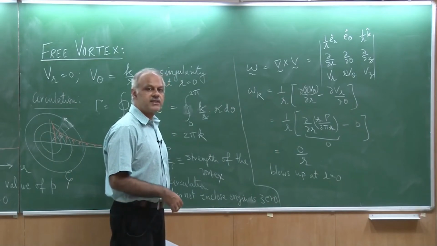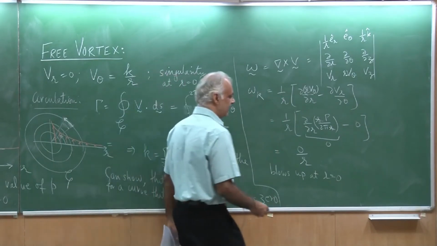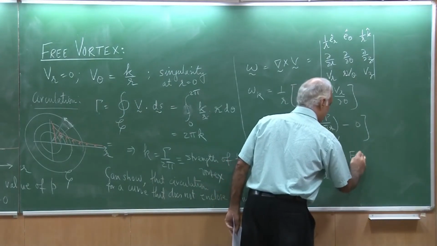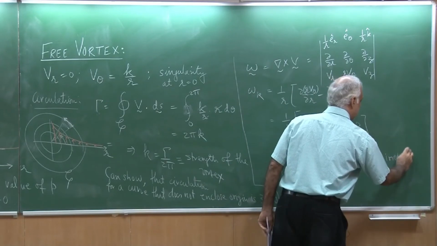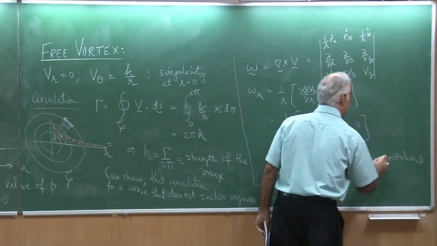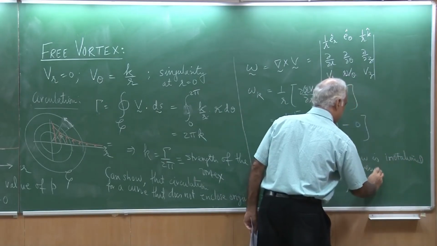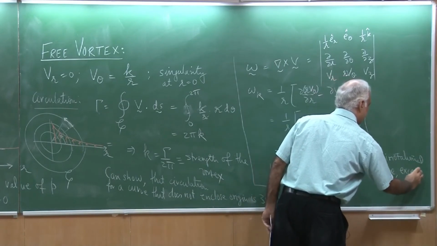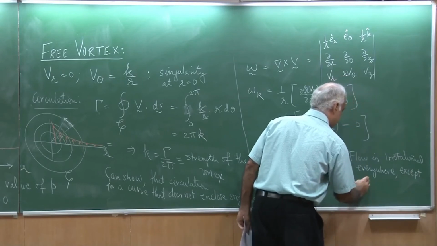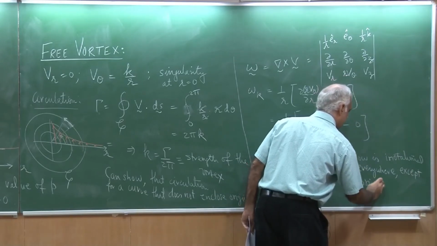So your flow is irrotational everywhere. So the bottom line is flow is irrotational everywhere except at the origin.